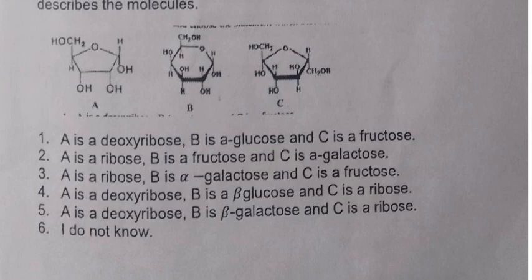We disqualify the incorrect answer. So B, we said it's C. So this is glucose. Since the OH is down, this is alpha glucose. B, alpha glucose, yeah. Then A is a deoxyribose.